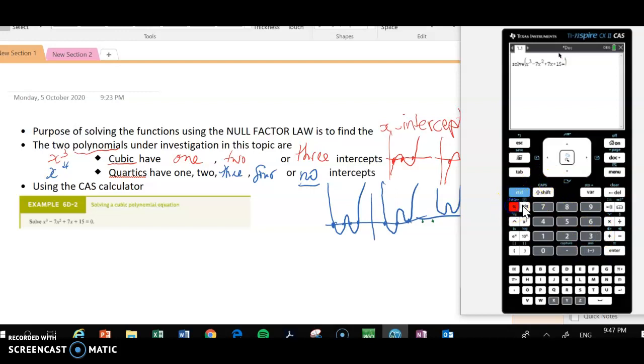In other words, if we let y equal 0, we are finding along the x-axis the place where the function crosses it.